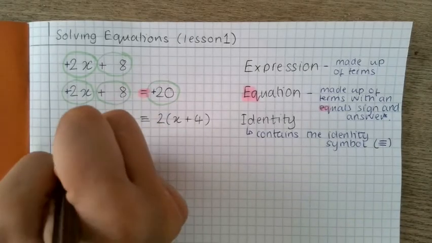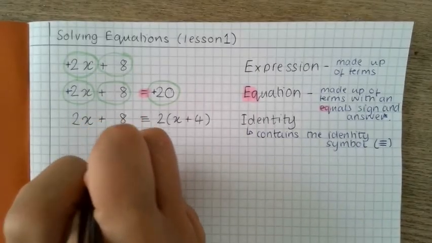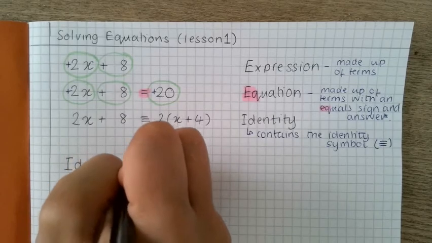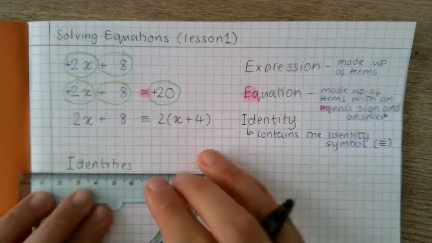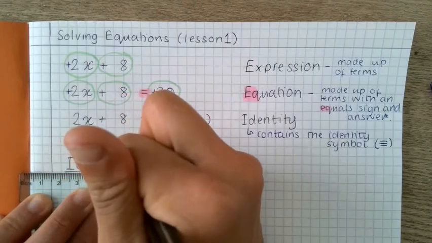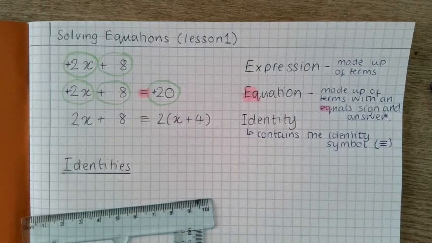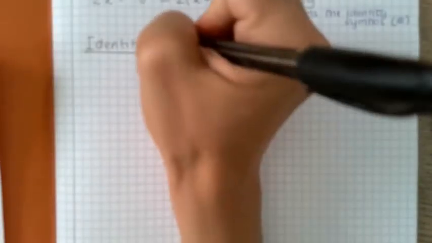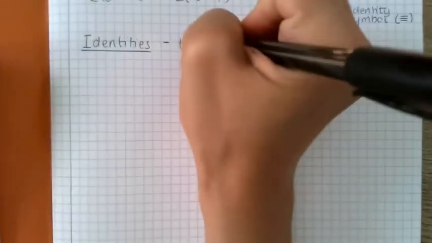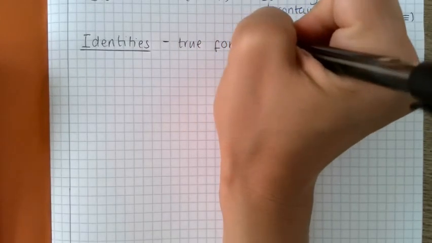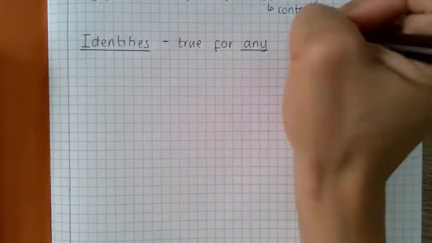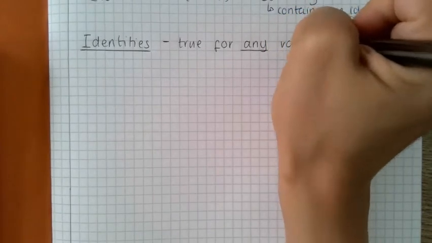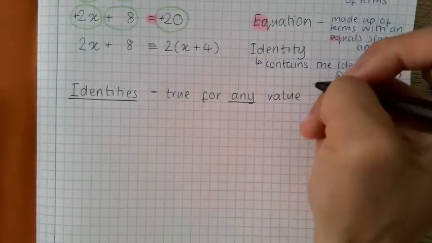So I'm going to put a little subheading here of identities. And we're going to talk about what they are, because when we're studying equations, there is a key difference between the two. So with identities, identities are true for any value of x.